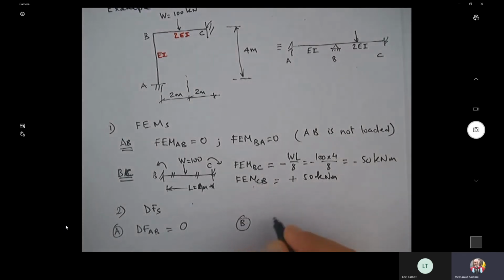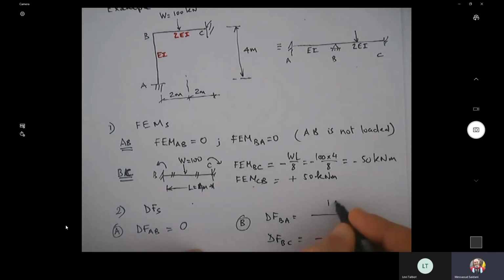Then for joint B, we have DFBA and we have DFBC. Okay. DFBA, we have 1/4 divided by 1/4 for AB, and then we have 2/4. So I think it's 1/3.